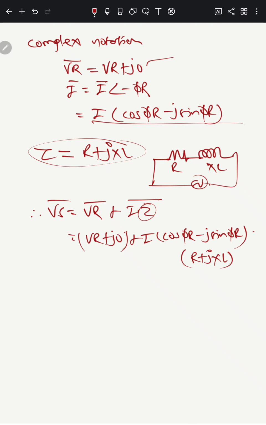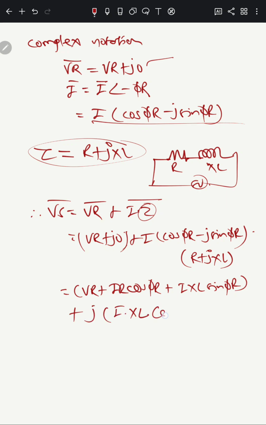So this is vector Vs, and for this we can write Vr plus IR cos phi r plus I into XL sin phi r plus j I into XL cos phi r minus IR sin phi r.